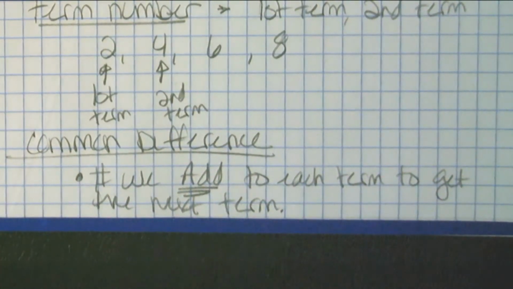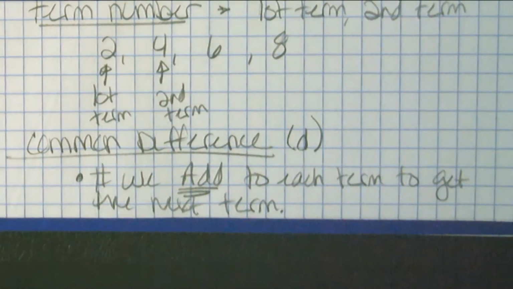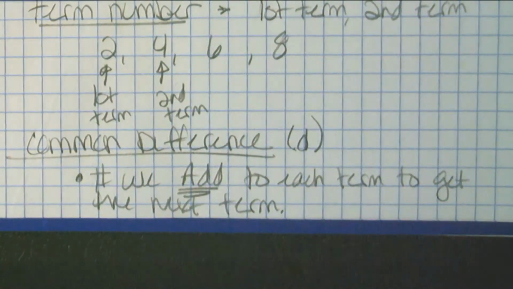So your common difference, we're going to be using the variable lowercase d, because I'm going to give you a formula. We're going to be using a lowercase d. All right, so a common difference is the number that we are adding, not subtracting. So if it's subtraction, it's adding a negative. All right, so this is my terminology.